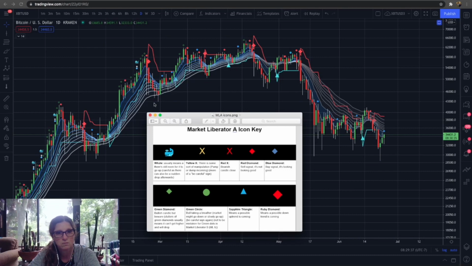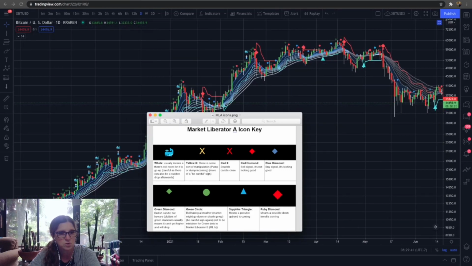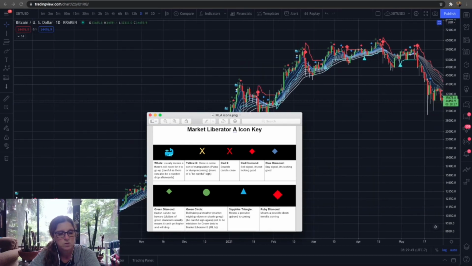I'm not seeing it right here. Basically, it was right here. Here's one. So right here, you got the green dot. It was just telling you that we may see a pause. And we did. We just saw some sideways action here.